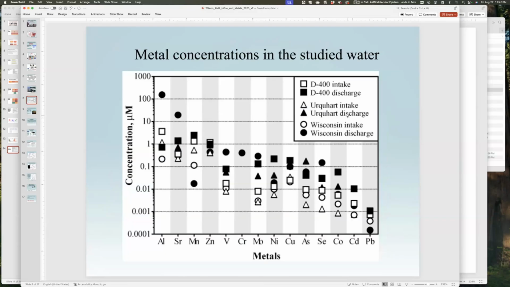So if you compare the metal concentrations for an intake pipe, which would be the open symbols, versus the discharge point for 3 different power plants, 2 in South Carolina, 1 in Wisconsin, you could look on a log scale, the amount of metal in that water goes up by approximately an order of magnitude by flowing through that system.